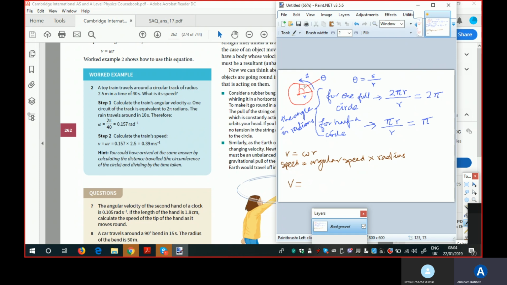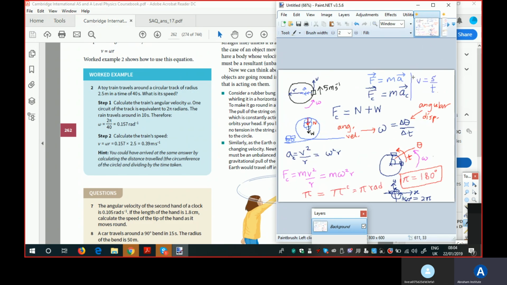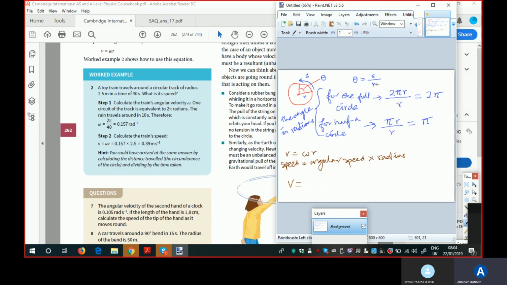now for one whole circle, the distance traveled is, I'm going to use this equation. Velocity is equal to the displacement divided by the time. Now the displacement for one whole circle, when you go all the way around, let's consider going from here to here as 2 pi r.